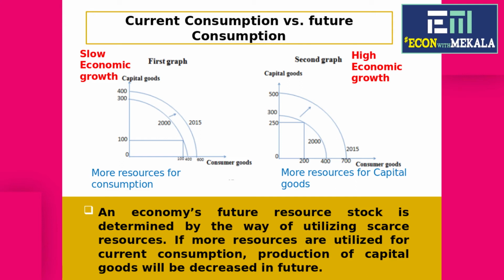So the first graph shows less allocation of resources for capital goods. As a result, the gap between two PPF curves is very small. But if you look at the second situation where we have allocated more resources for capital goods, as a result in future there will be high economic growth, so the gap between two PPF curves is greater.